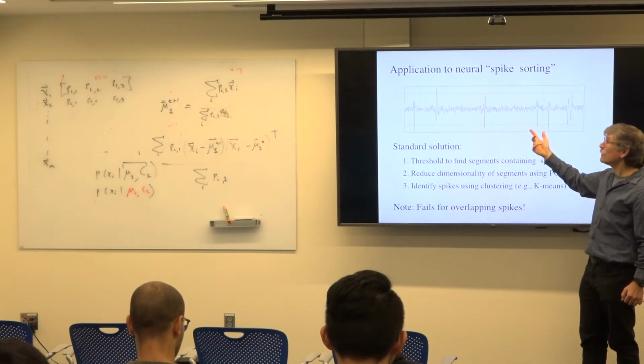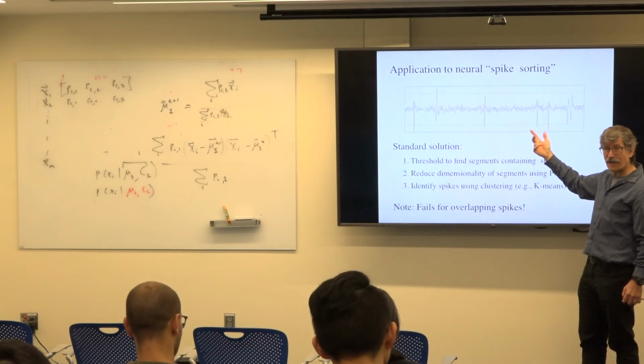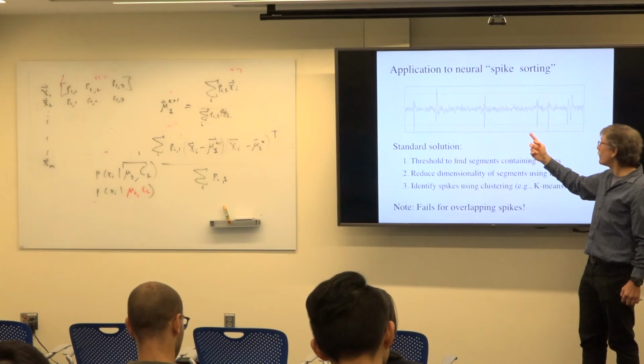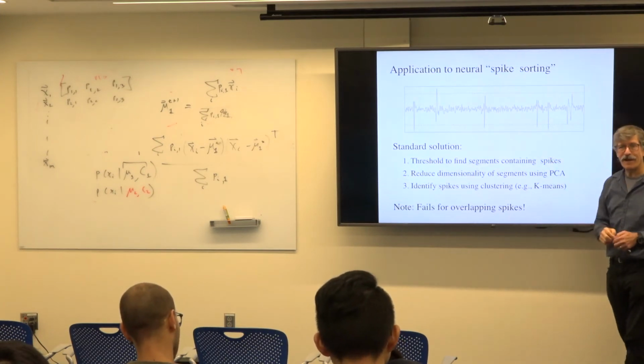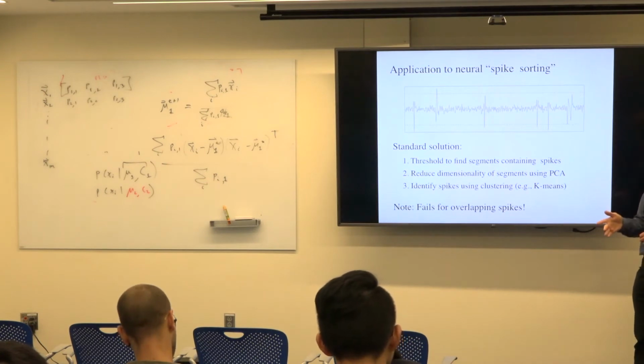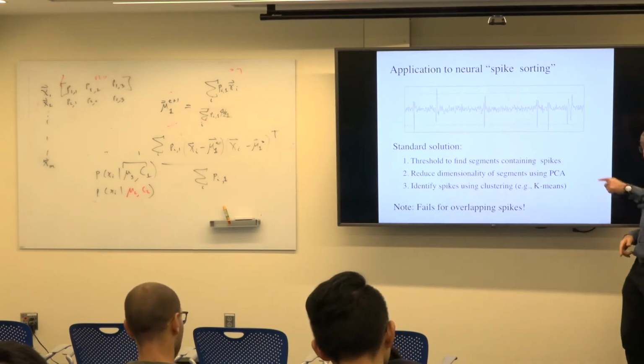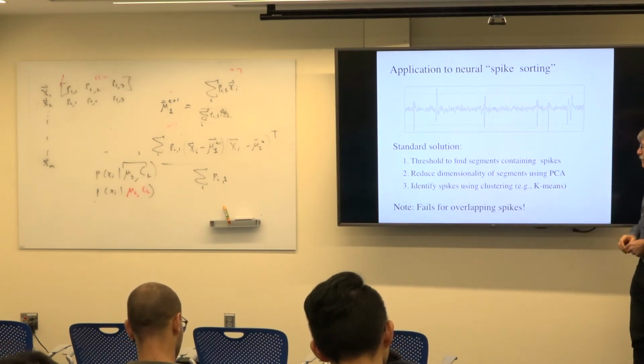And so you now have these little vectors, n-dimensional vectors of your signal from here to here, from here to here. You have lots of them, and now you want to decide, was this 1 neuron? Was this 2 neurons? And then I decide this spike came from that neuron, this spike came from that neuron.